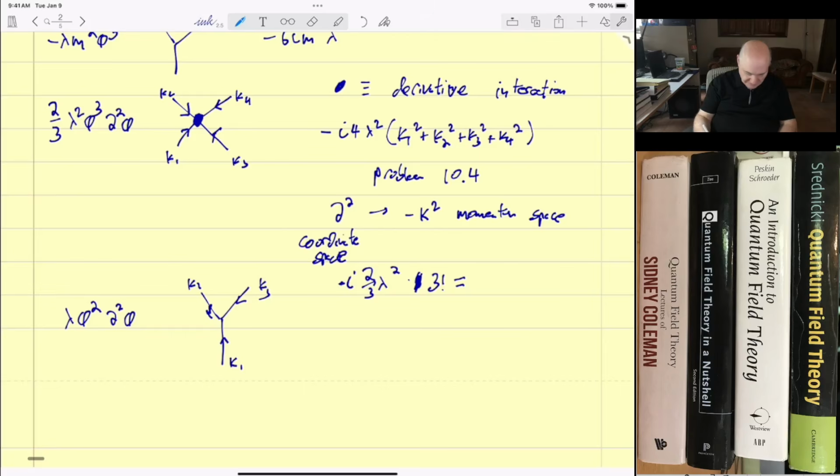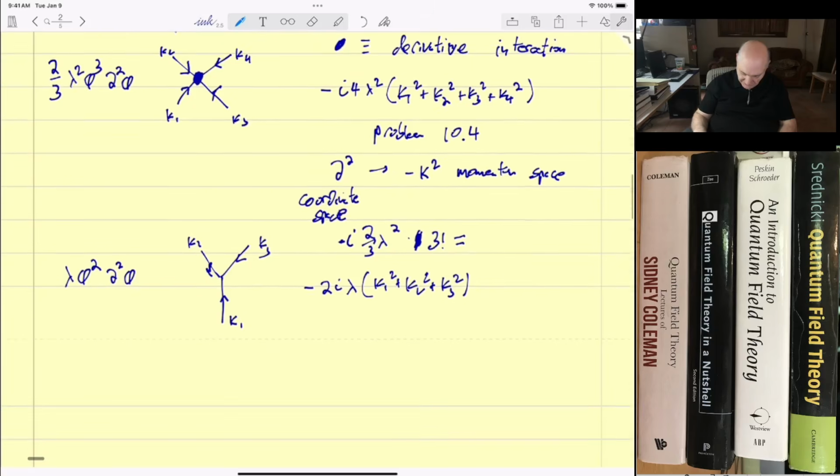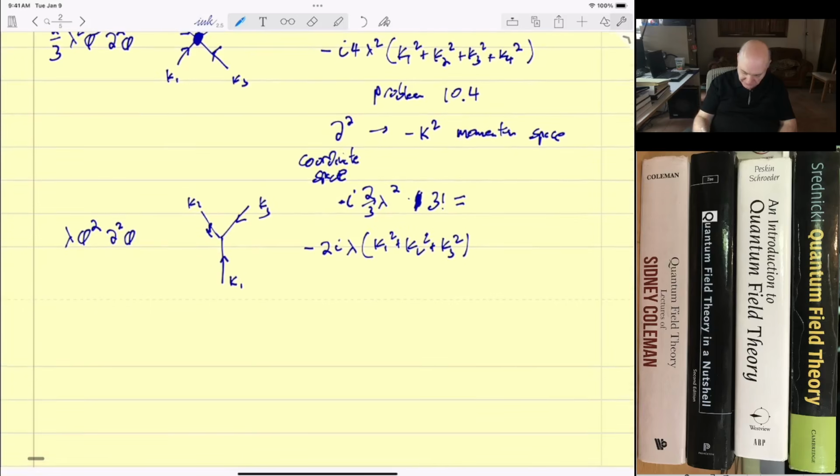And so now it's minus 2i lambda times k1 squared plus k2 squared plus k3 squared. Again, the partial squared gives you a minus sign with the k's, each one squared. And then we always multiply by I, minus I lambda. And now we have 2 factorial.